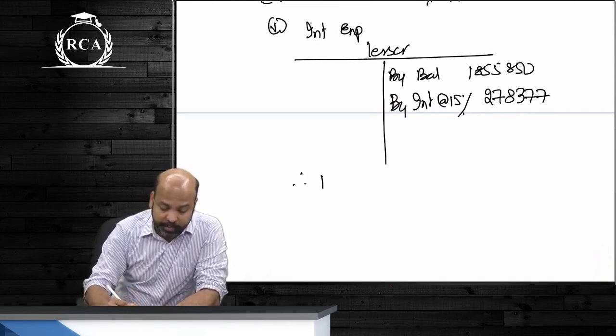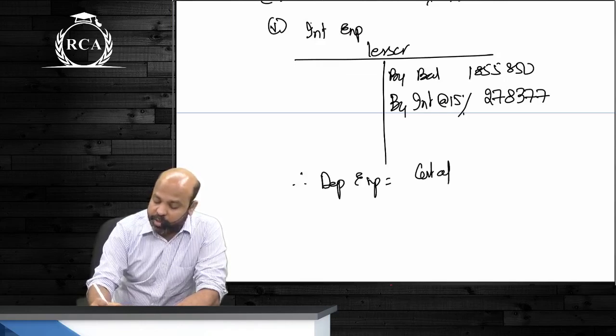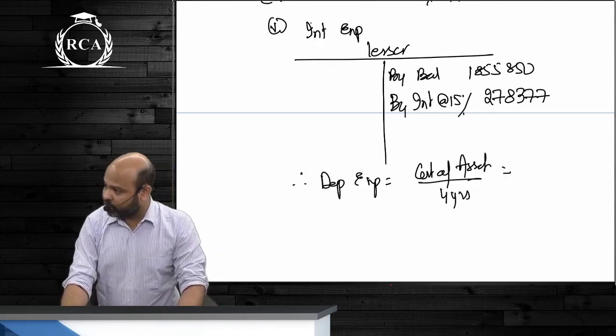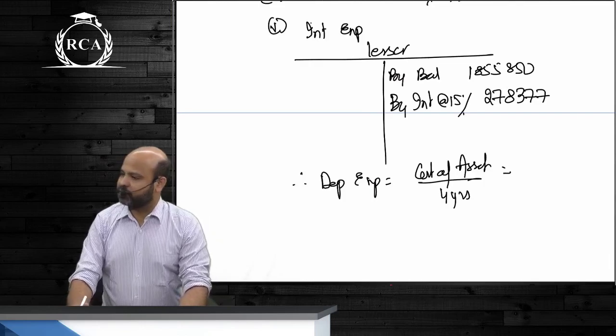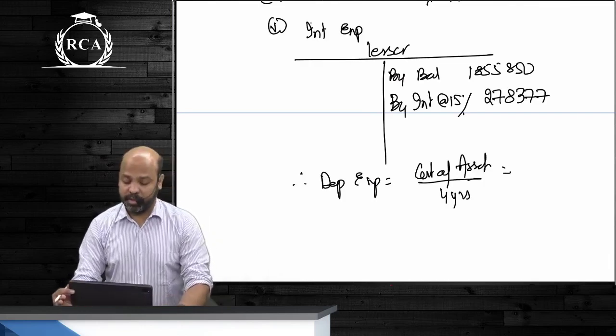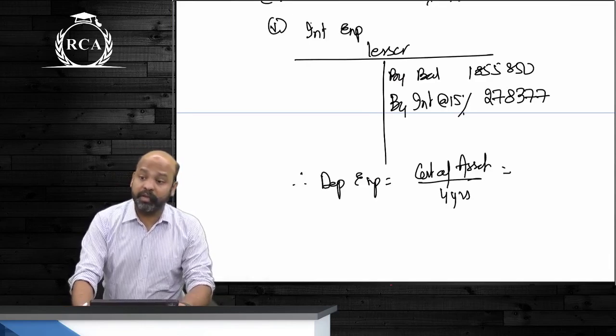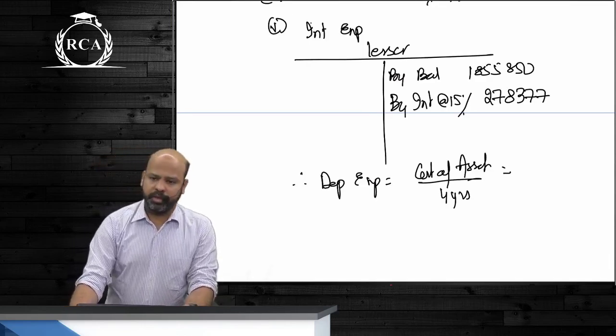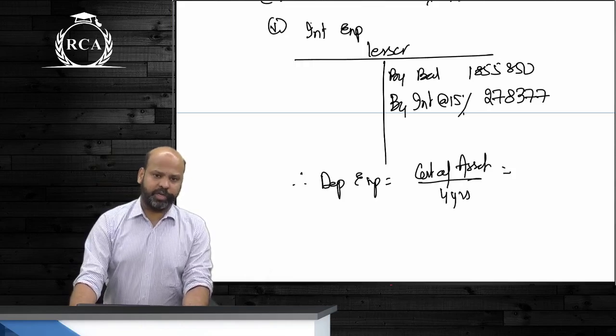How did they get that depreciation expenditure? What did they do with the cost of the asset, beta? Divided by 4 years. Frankly speaking, it is incorrect. They should have deducted the residual value and then arrived at the answer. If you want to write in brackets there, write: logically incorrect as residual value should be considered.